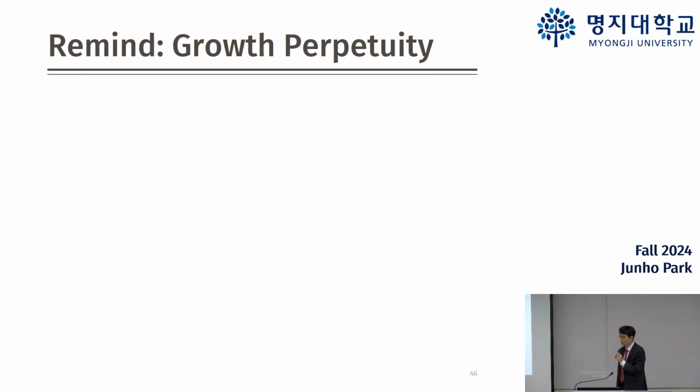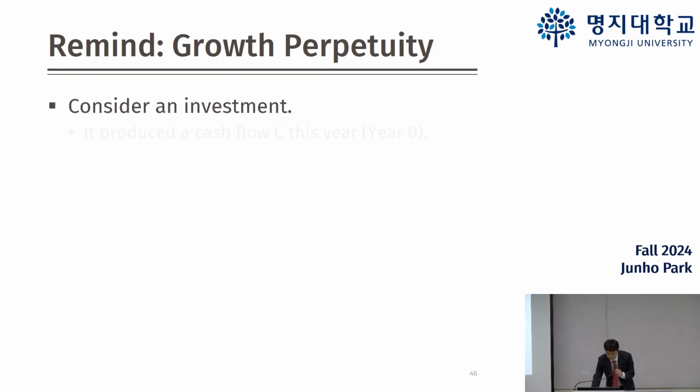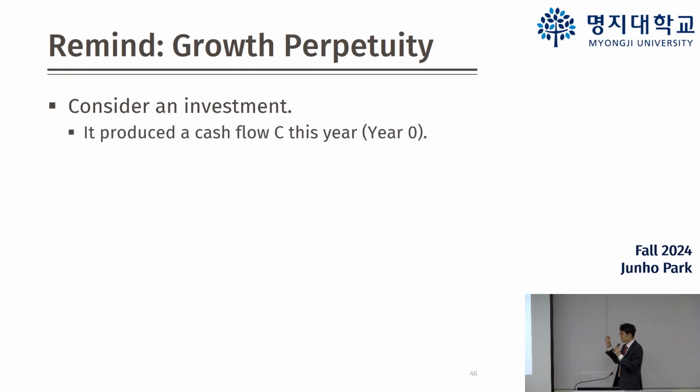So how can we make an approximation? We can rely on what we have already learned, which are the growing perpetuity formulas. So this is a reminder.